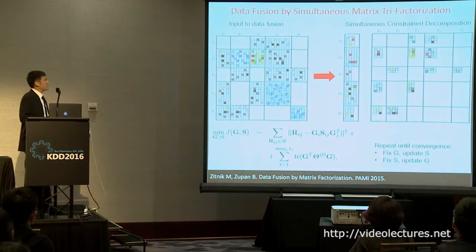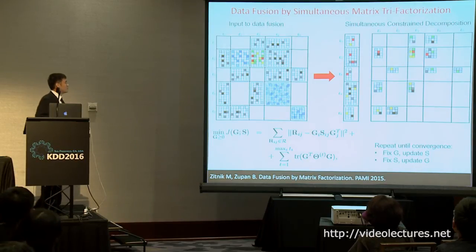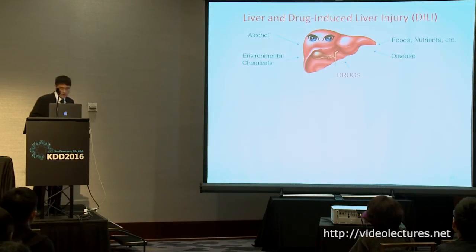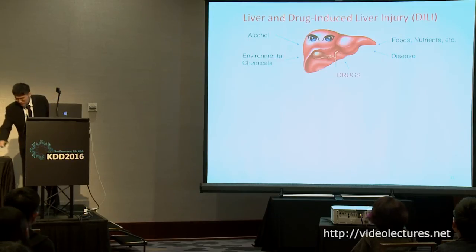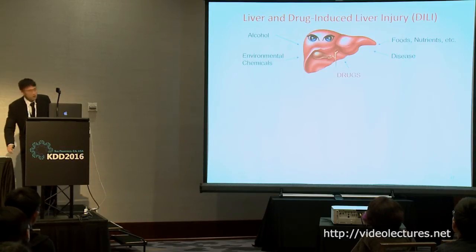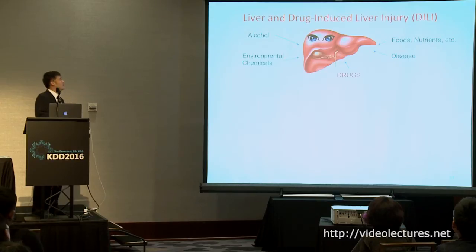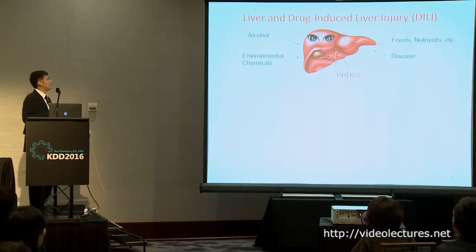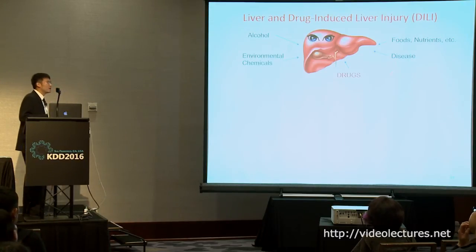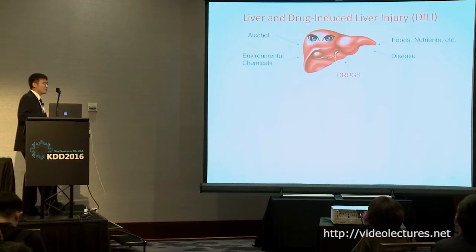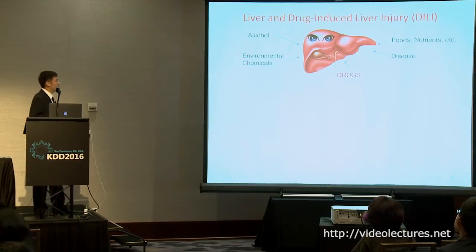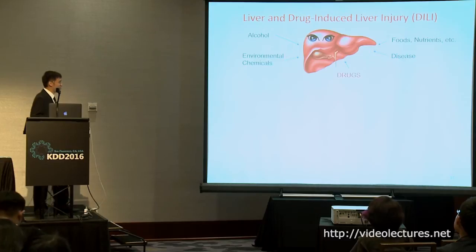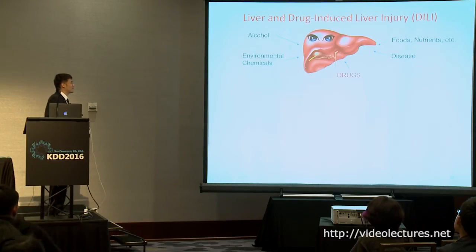Right now it is maybe not very clear, so I will use a case study to show the whole idea of this study. It is the liver and DILI prediction. The liver is a very important organ in our body, which is the chemical engineering headquarters of our body.